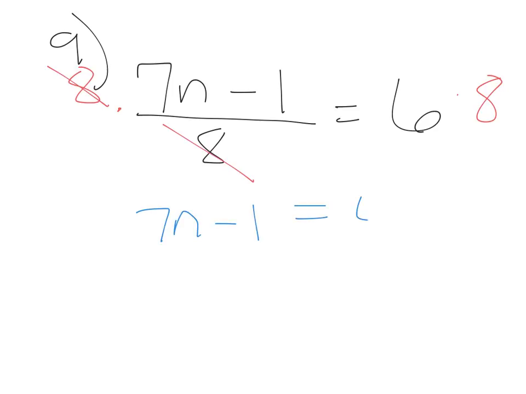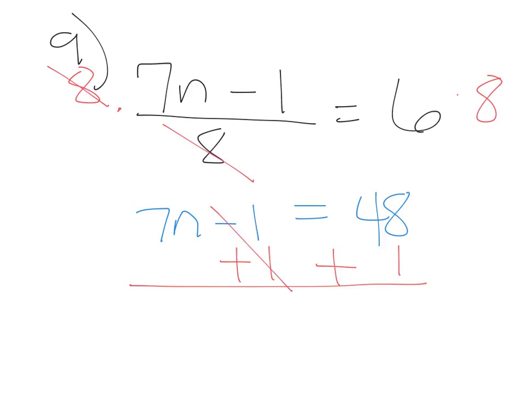On the right, I get 48. Now I'm going to add 1 to both sides to get rid of the -1. And I get 7n equals 49. I'm going to divide both sides by 7. And I get n is 7.